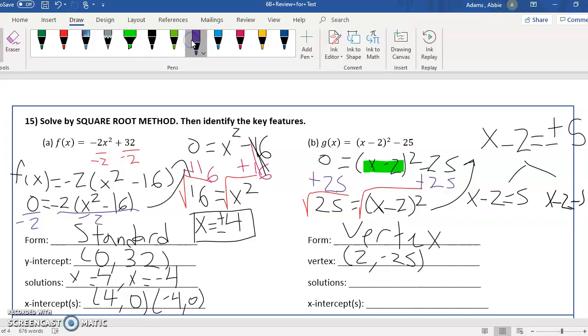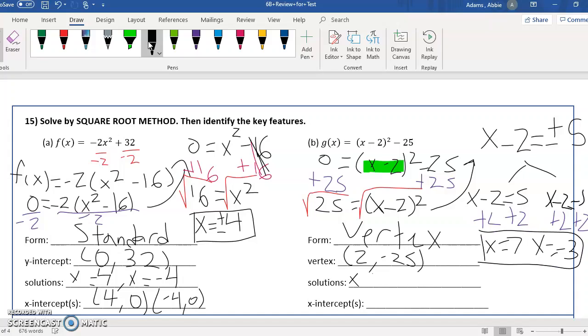In both of those instances, I'm going to add 2 to both sides. So I have x equals 5 plus 2, which is 7. And then negative 5 plus 2, that means x is going to equal negative 3. Those are your solutions. x equals 7, x equals negative 3.